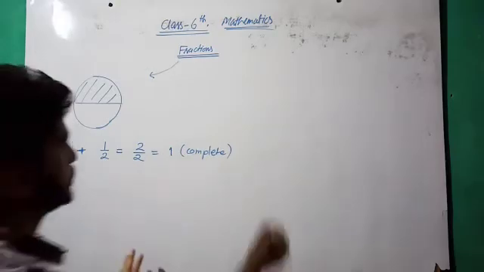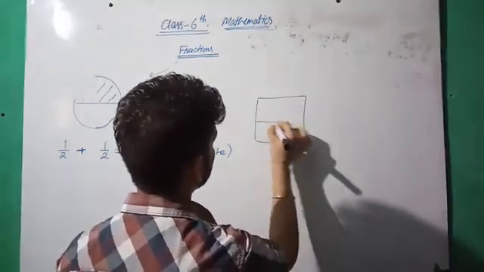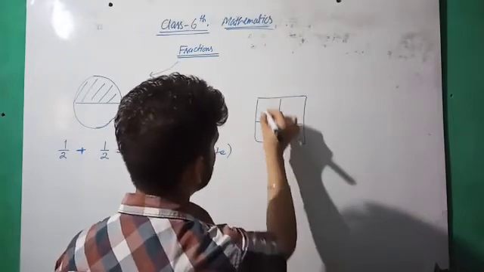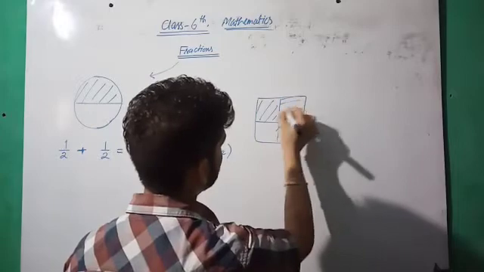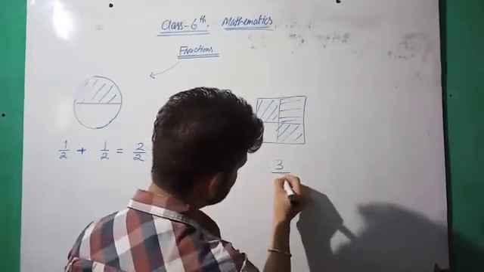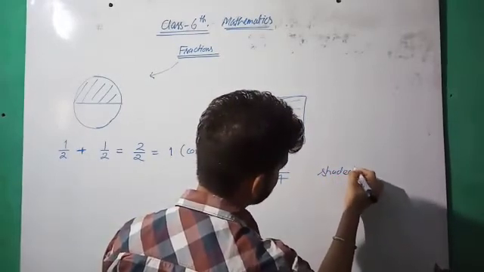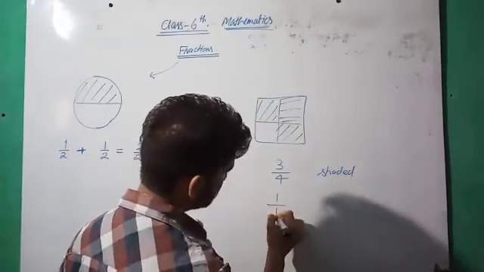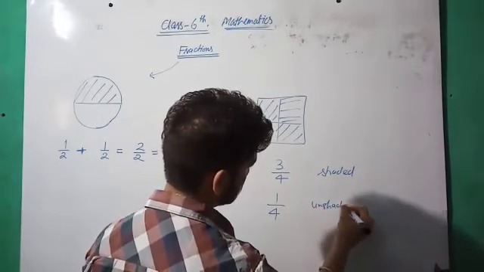Like we have a square. If we divide the square into 4 parts and shade 3 of the 4 regions, then the shaded part is 3 by 4, and the unshaded part is 1 by 4.